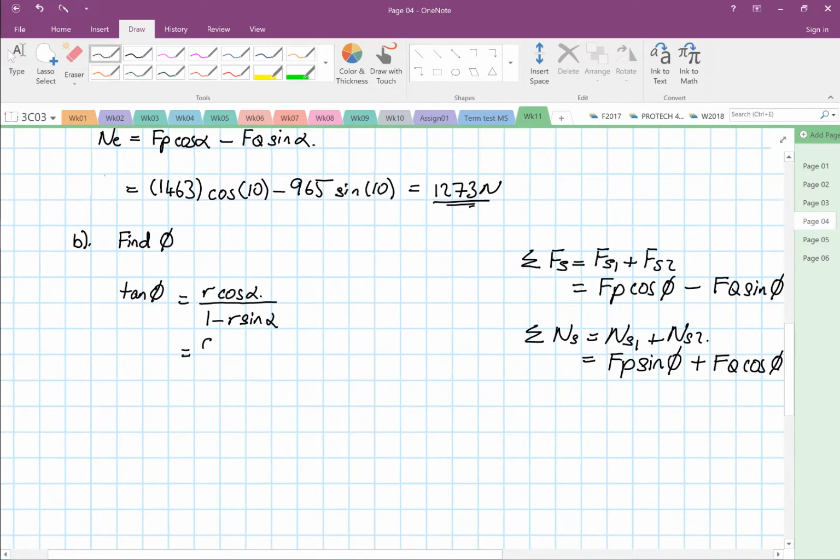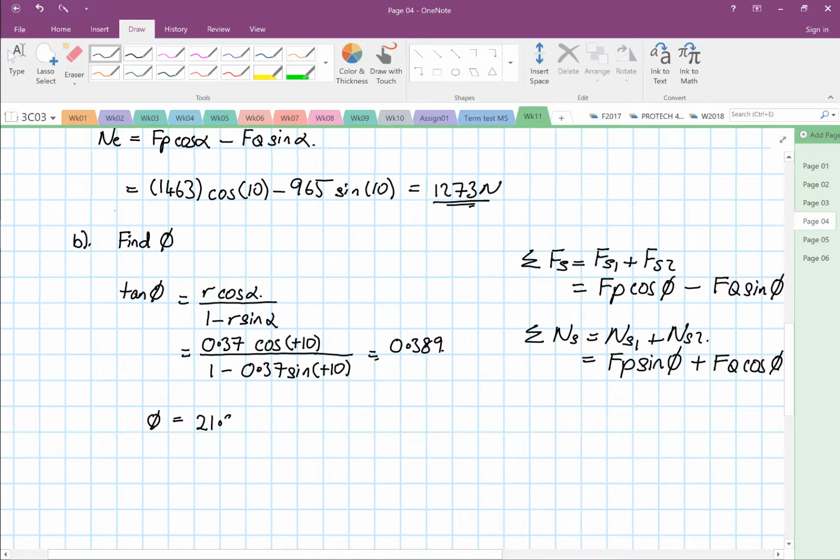So you have 0.37 cos positive 10 degrees, divided by 1 minus 0.37 sine positive 10 degrees. So once you do this, you get 0.389, and then you inverse tangent phi, okay, you get 21.3 degrees or 21.5.